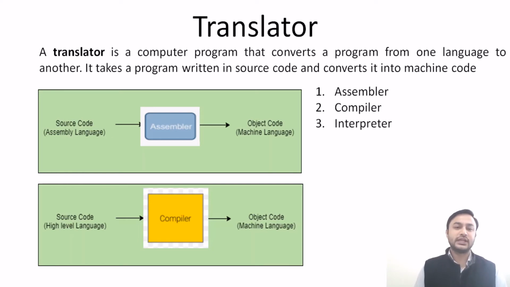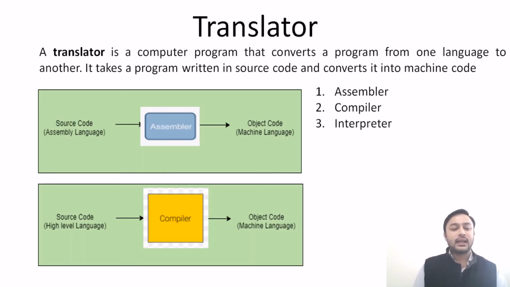So there is a need of the translator in case of the high level language and in case of assembly language also. You can see that in case of assembler, the source code is assembly language. So here the assembly language is given to the assembler, and it will convert this assembly language into object code, or machine language.